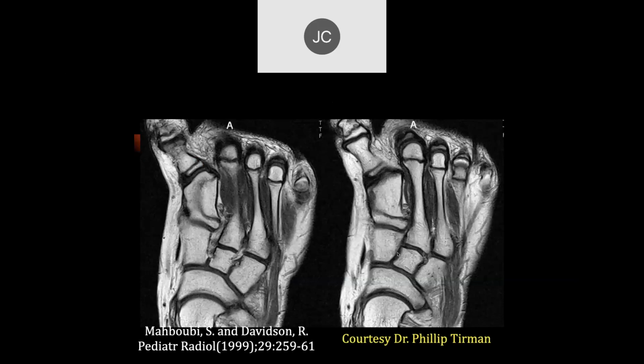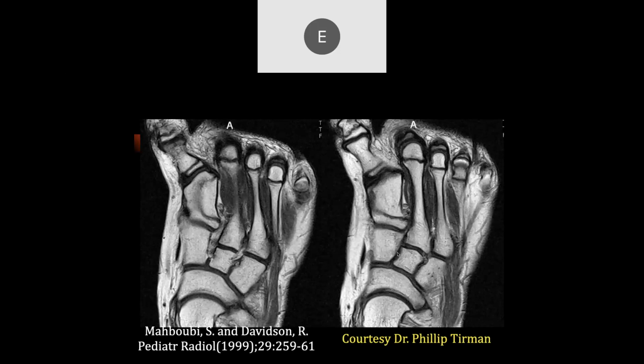Okay, Elior. Right. So here, yeah, what catches my eye is that first metatarsal. There's deformity there.